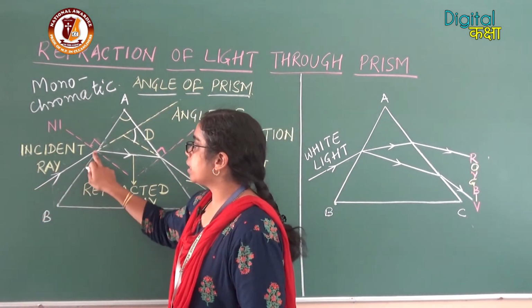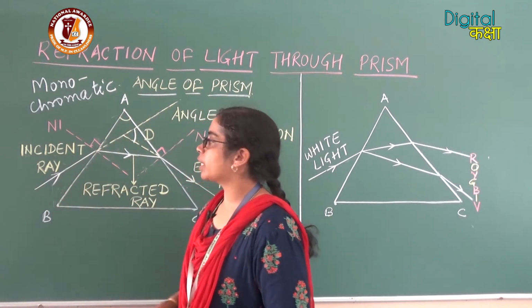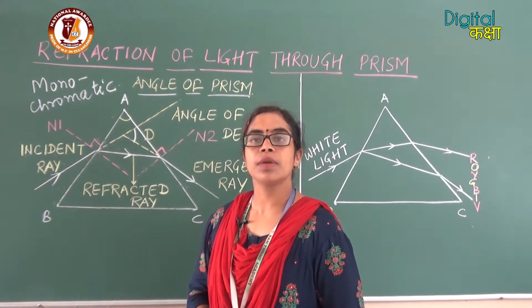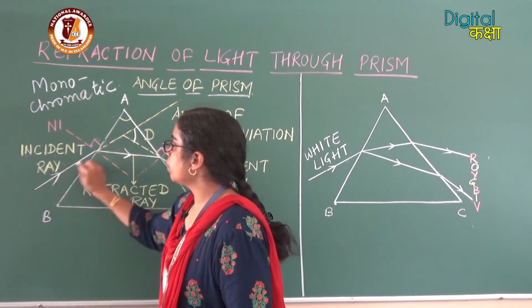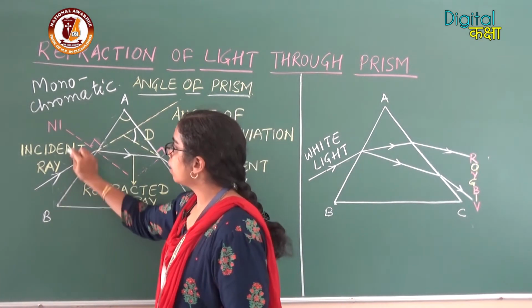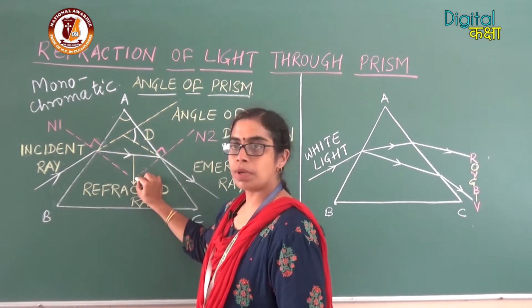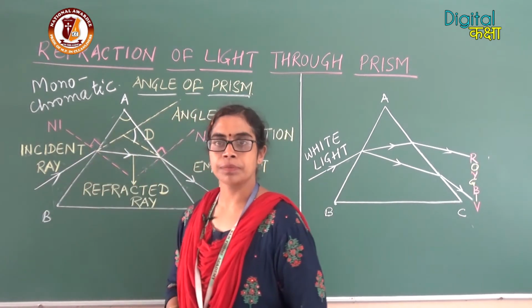This is the incident ray which is incident on the first refracting surface, that is AB. At the point where the incident ray touches the refracting surface AB, we have drawn a normal, and that is named N1.